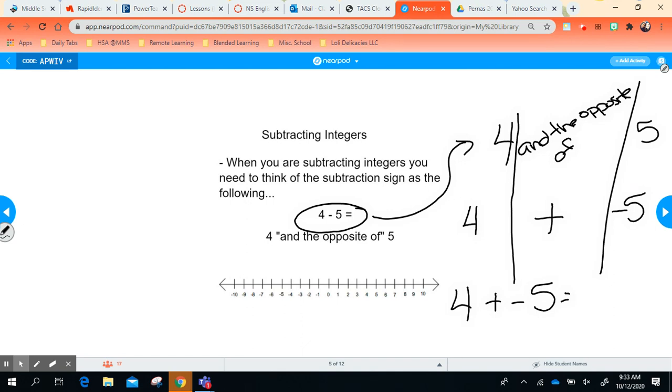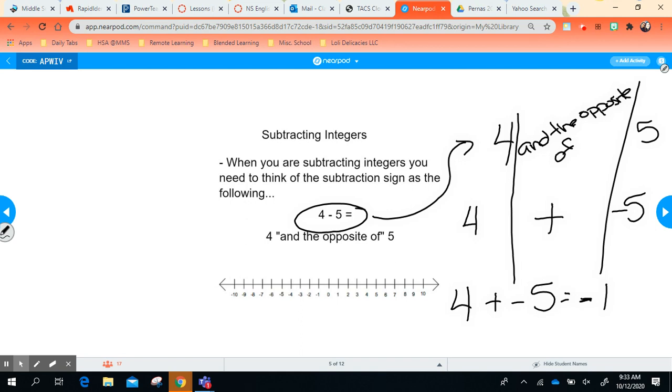So my answer is going to be positive or negative? It's going to be negative. So what's 5 minus 4? Negative 1. So we're going to go over this a little bit slower in the next slide because I know it's a little bit confusing. But yes, 4 plus negative 5 equals negative 1.